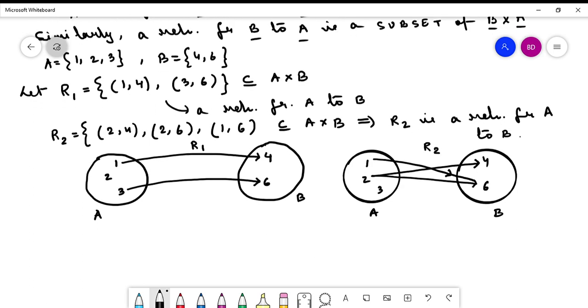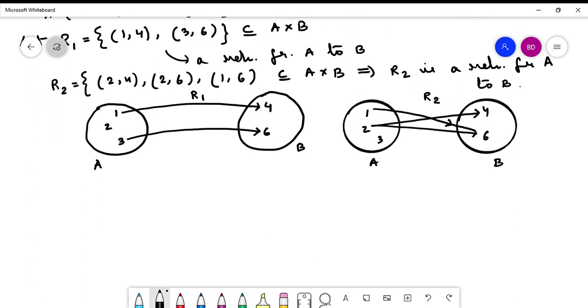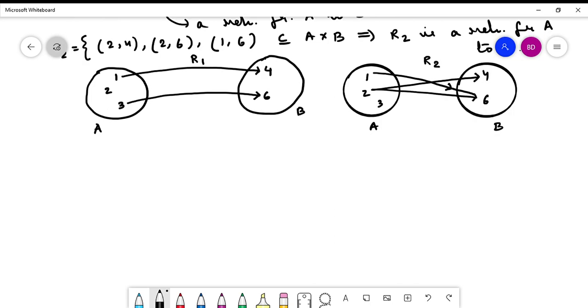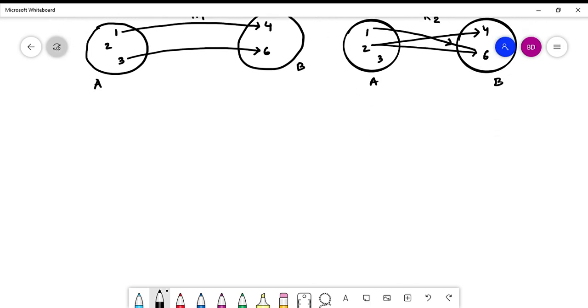Now the question is, if I'm given the sets A and B, then how many such relations can I define from A to B? Suppose in the above example, we saw that the number of elements in A cross B was 3 into 2, 6. If you look at the Cartesian product A cross B as a set itself, the number of elements in that set is 6. All of them are ordered pairs, but the number of elements is 6.